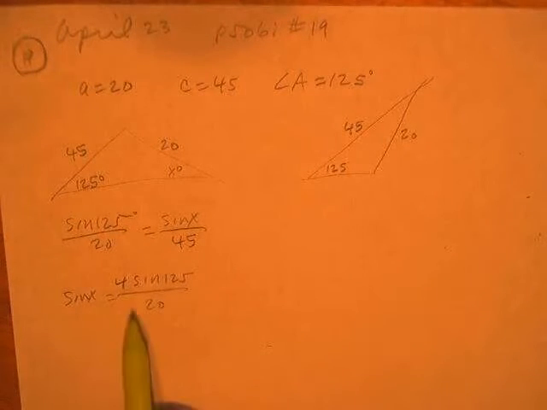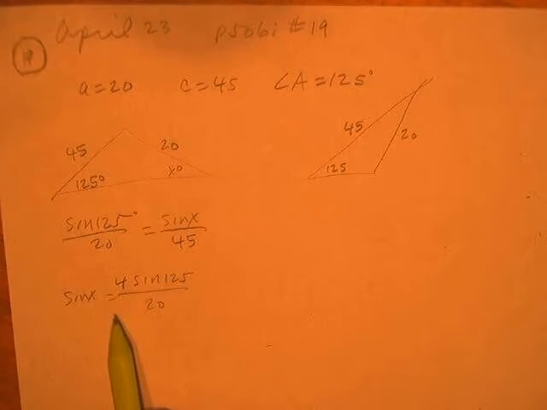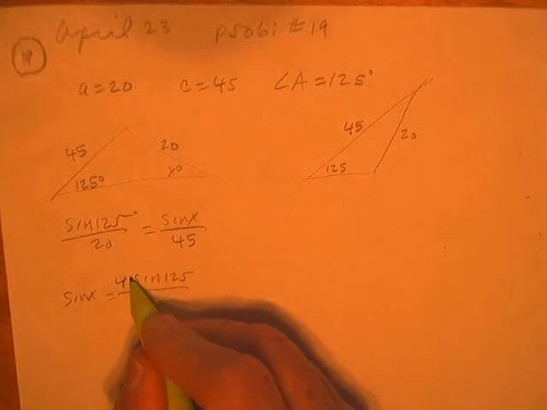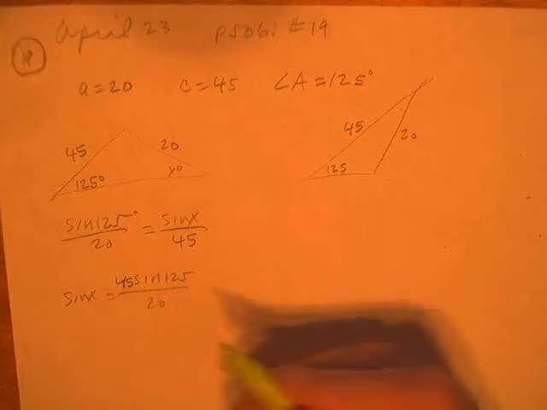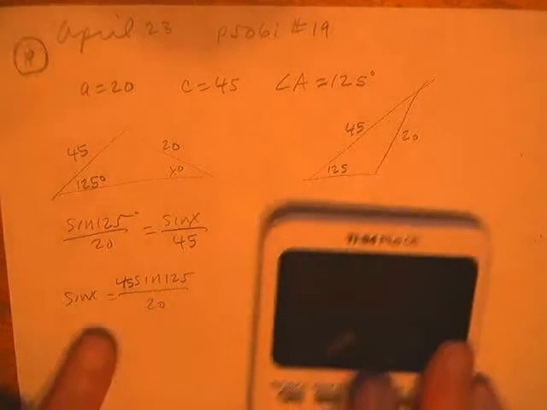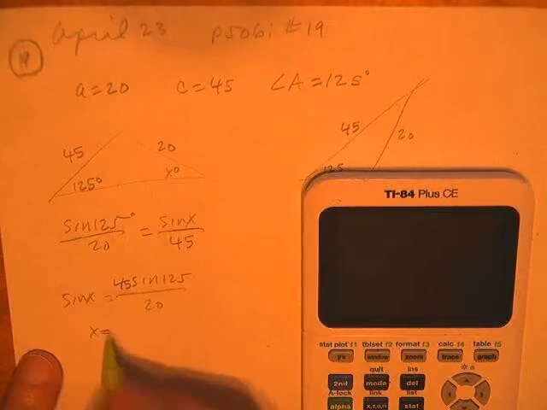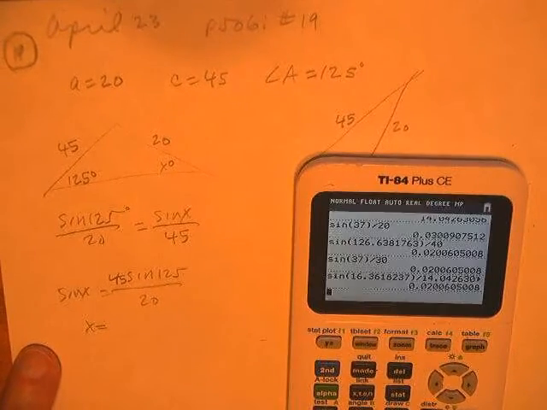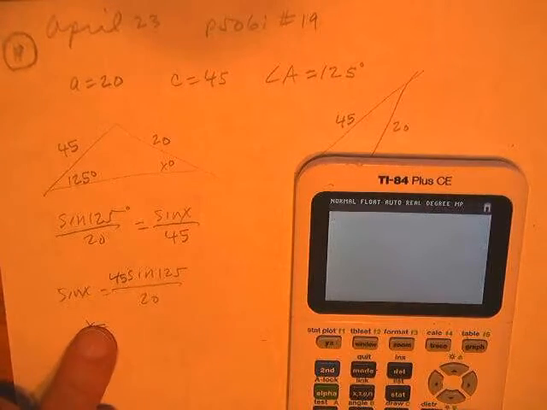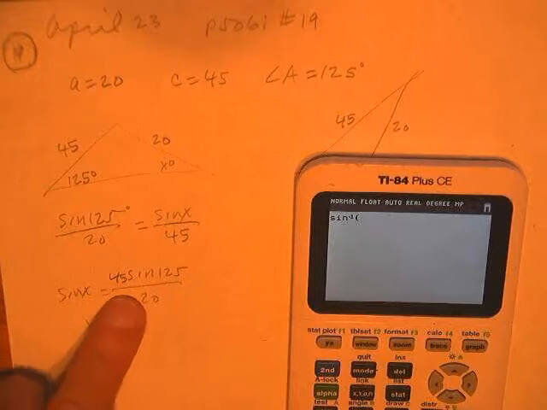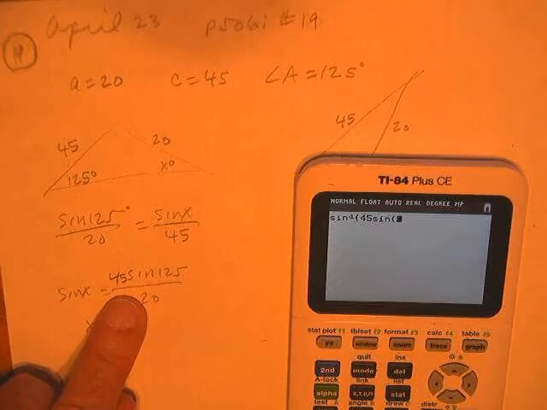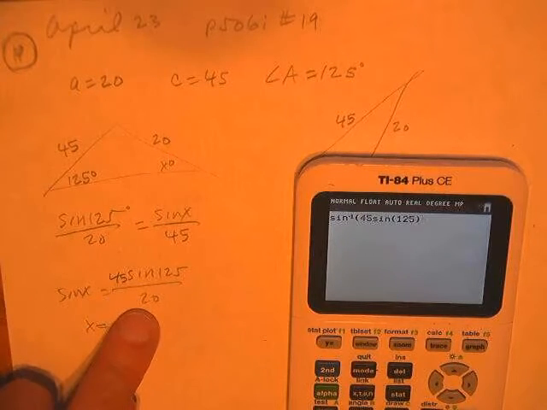And I'm going to divide by the 20, of course. That should have been 45. And then I can do second sine to find this angle. How about second sine of 45 sine 125 divided by 20?